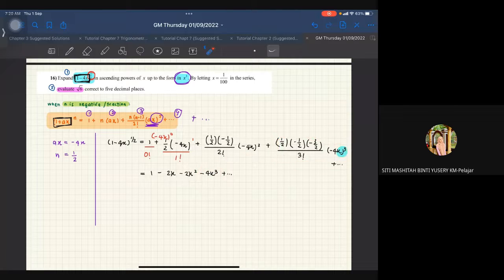Dekat sini apa yang saya nak ingatkan awak adalah jangan careless. Okay, please don't be careless. Masukkan segala nilai constant yang ada. Ini pun constant awak. Dalam kalkulator, tekan betul-betul. This is your constant. Yang ini kuasa dengan 3. This is your constant as well. So tekan kalkulator tu betul-betul, tengok nilai dia one by one.